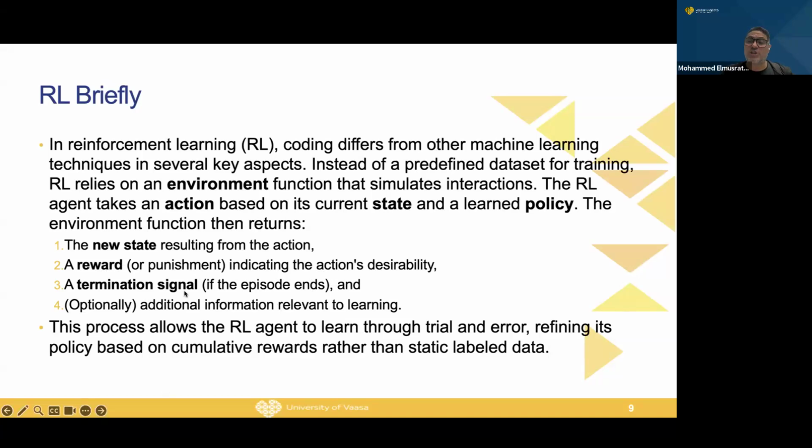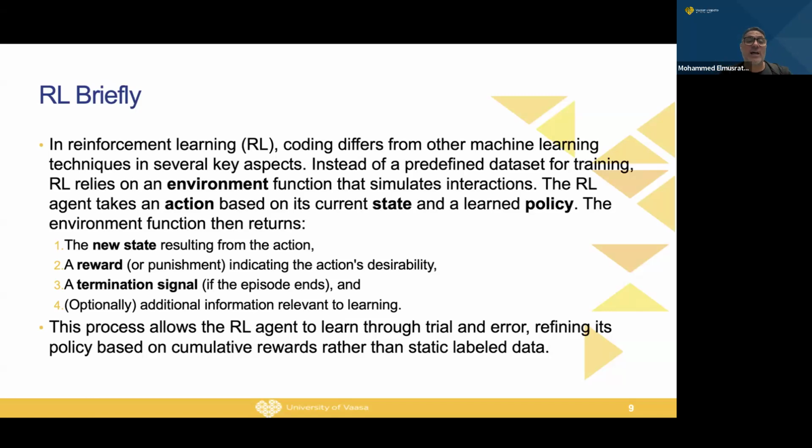For example, you either lose or win the game, or you end in an end state. The end state is the state that returns to itself with probability 1. If you reach that state, whether you lose or win, you cannot move out of that state anymore.